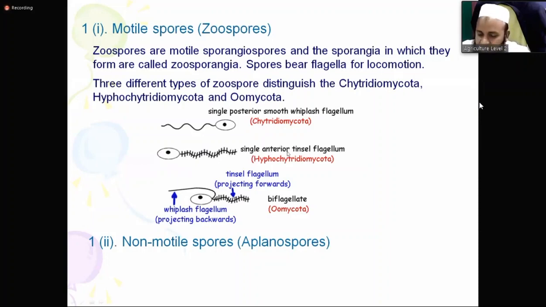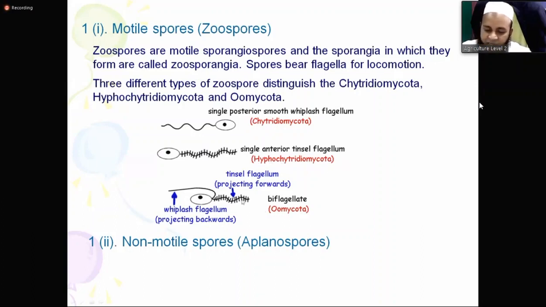Front side means anterior, in Bangla, the front side. Single anterior tinsel. Whiplash means smooth. Tinsel means not smooth, a rough flagellum. So this is a whiplash flagellum, and this is a tinsel flagellum. This is the example of Hyphochytridiomycota.